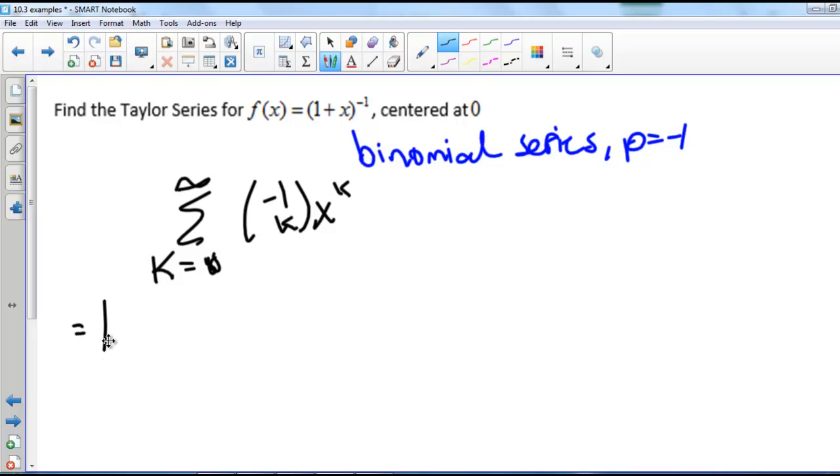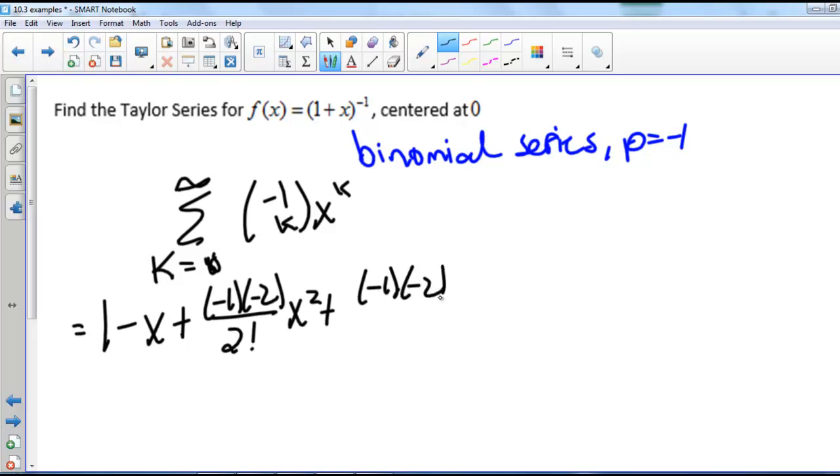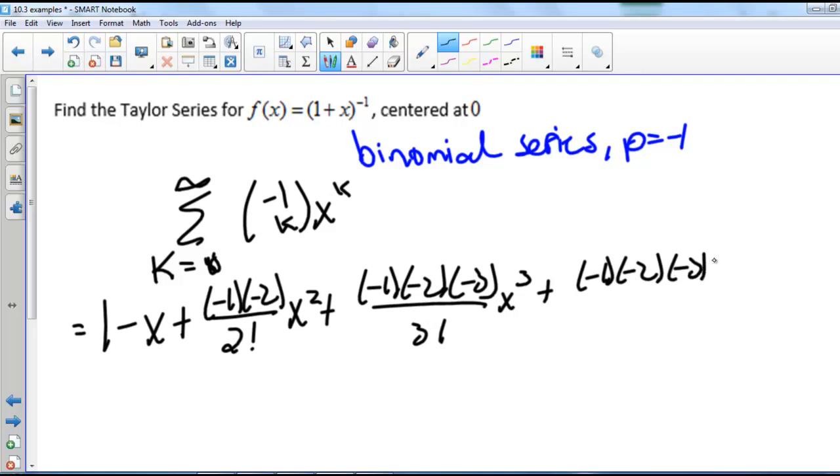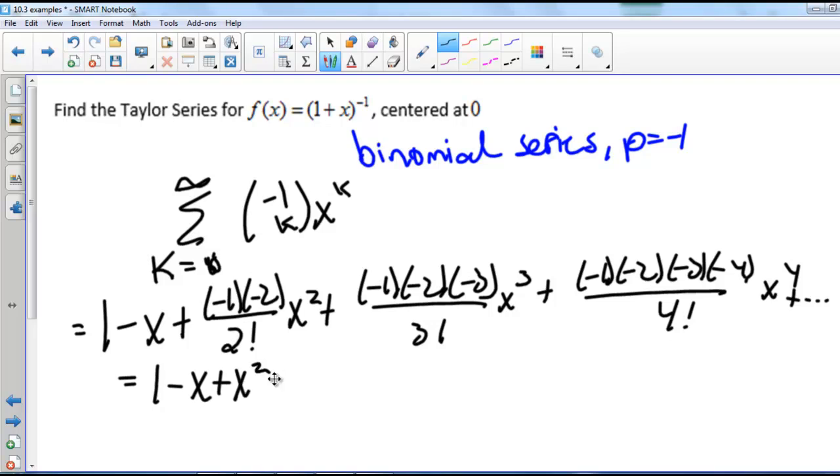And writing out terms, this is 1 minus x plus negative 1 times negative 2 divided by 2 factorial x squared plus negative 1 times negative 2 times negative 3 divided by 3 factorial x cubed plus negative 1 times negative 2 times negative 3 times negative 4 divided by 4 factorial times x to the 4th, and so on. So this is 1 minus x plus x squared minus x cubed plus x to the 4th, and so on.